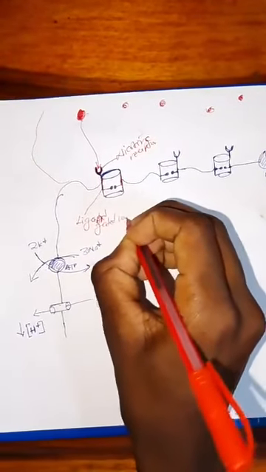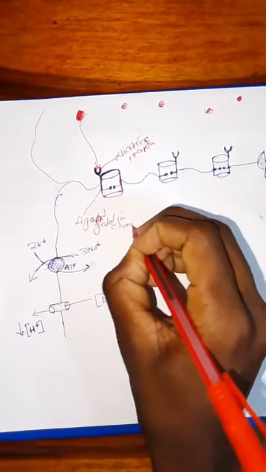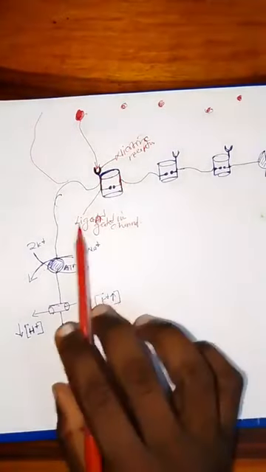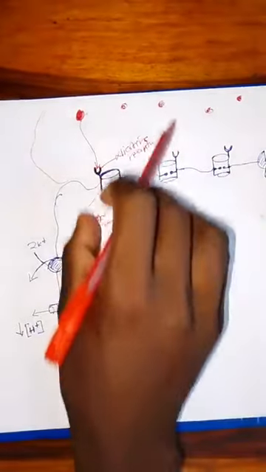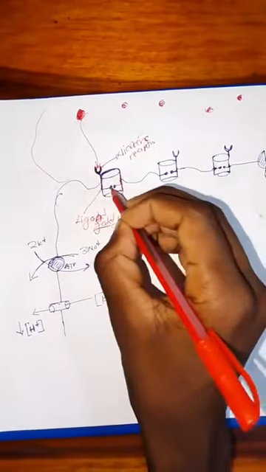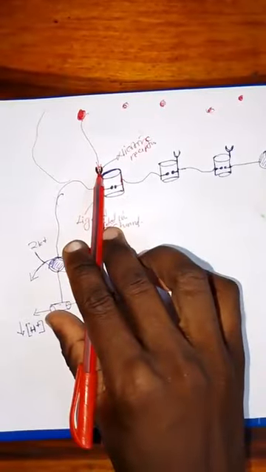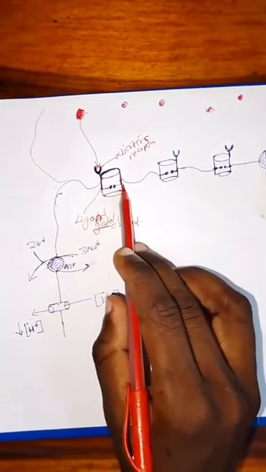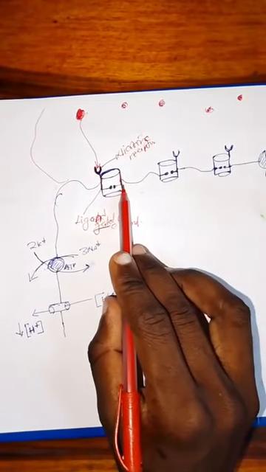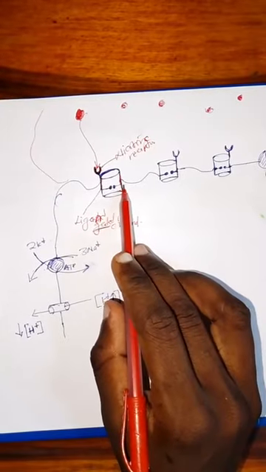If you look inside, it has a gate, so that's why we say ligand-gated. When this acetylcholine binds to this receptor, there will be opening of this gate inside. You're seeing this gate inside, it will open.